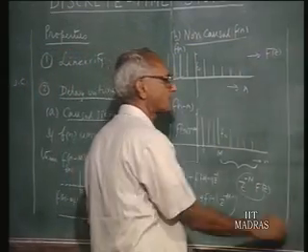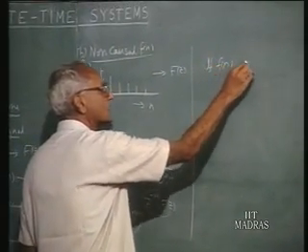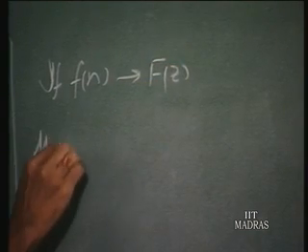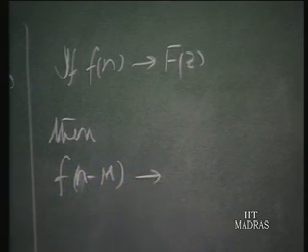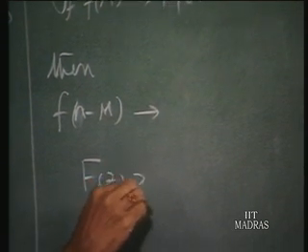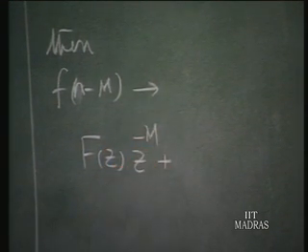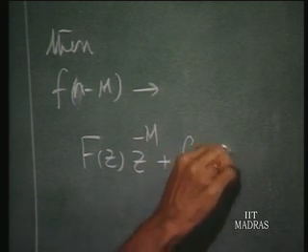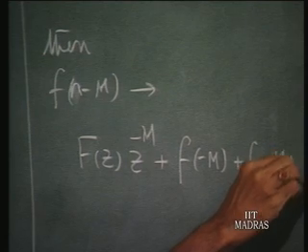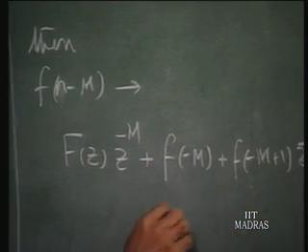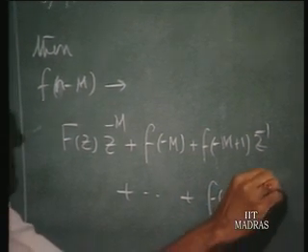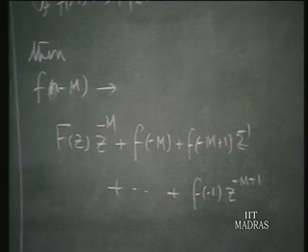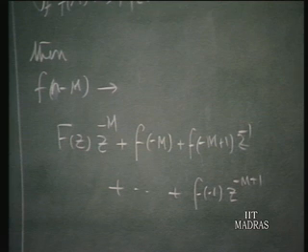So that means we can say if f of n has the Z transform f of z, then f of n minus m will have the Z transform f of z z power minus m plus f of minus m plus f of minus m plus 1 z power minus 1, like that, f of minus 1 z power minus m plus 1, that's the last one.